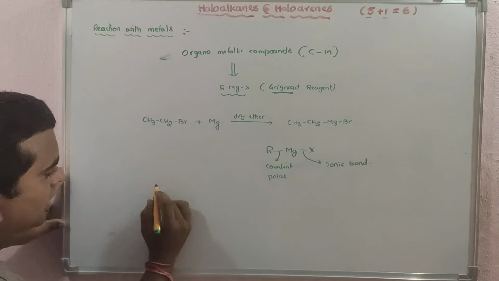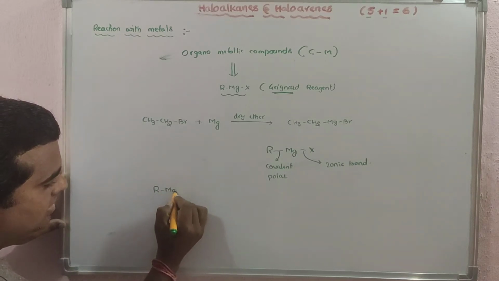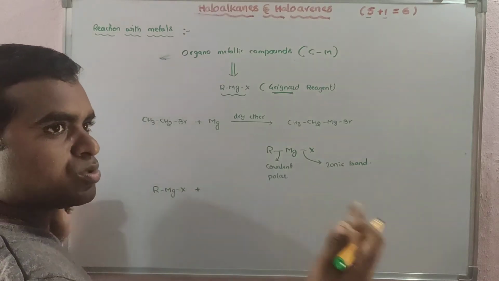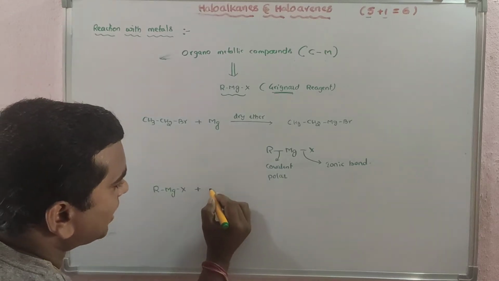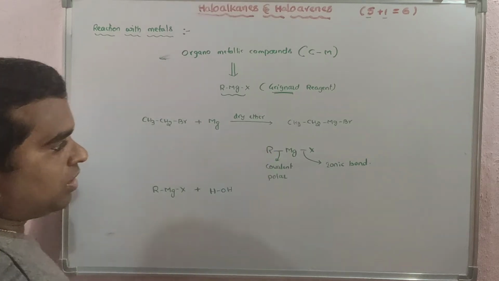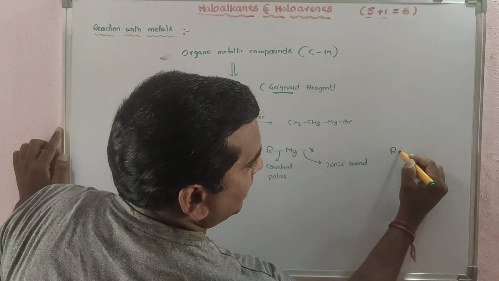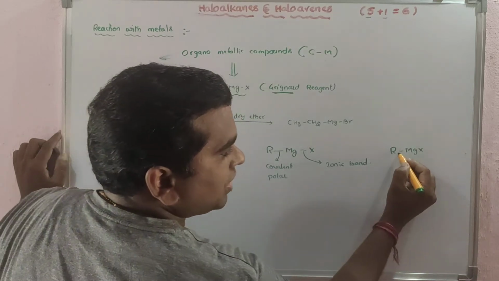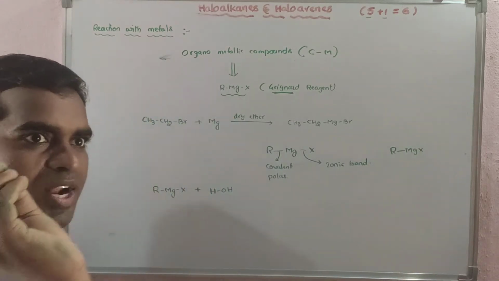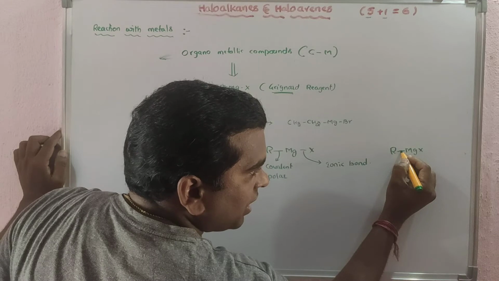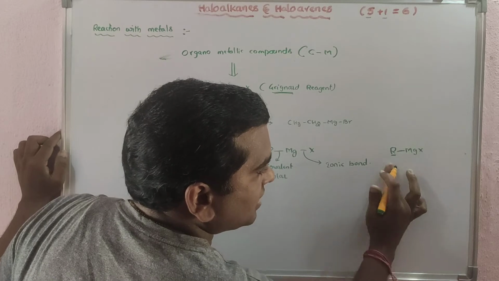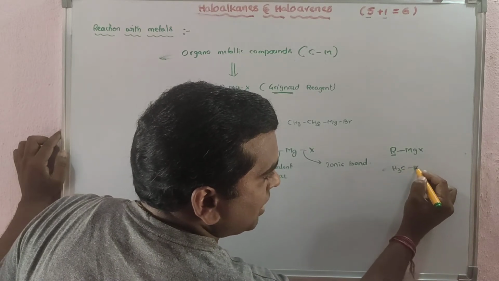Suppose I take the Grignard reagent and treat it with a proton source compound, suppose I write water here. Now a very important point: in the Grignard reagent RMgX, if this bond breaks, the metal is always electropositive and donates its electrons, and R, the alkyl group, means carbon. Take a simple example, methyl magnesium bromide.